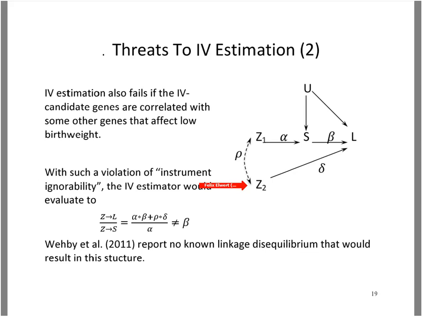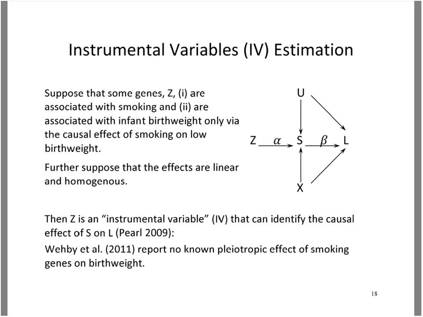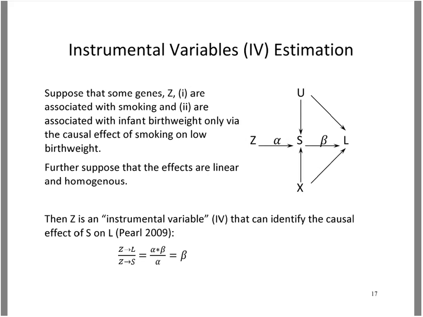Okay, good. So if that's the case, then we don't have to worry about this relationship, and we're back to our original scenario where we can use the smoking candidate genes as an instrumental variable for the effect of smoking on low birth weight. So the overall lesson that I wanted to draw in this example is that we can use DAGs to think about the problem of observational identification with OLS regression.